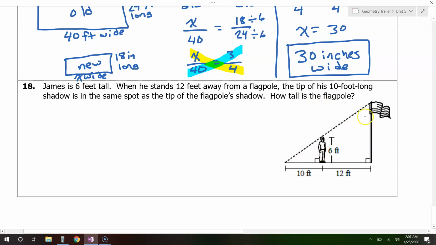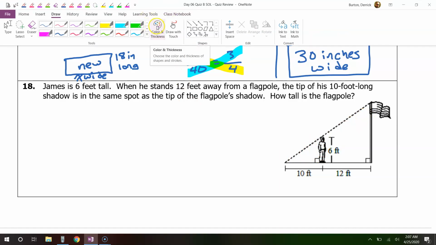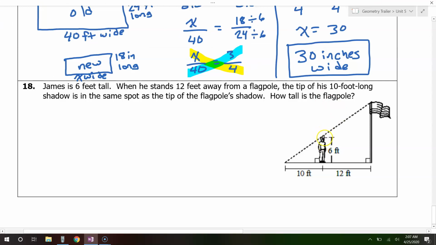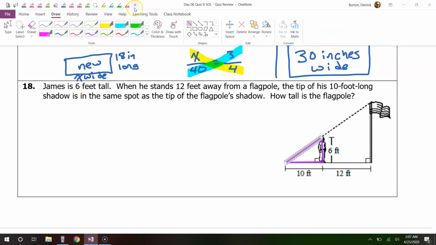Well, really, we have two similar triangles and they are overlapping. One thing that I've tried to teach you is, when you have overlapping triangles like this, draw them separately. So here I'm going to trace the small triangle.